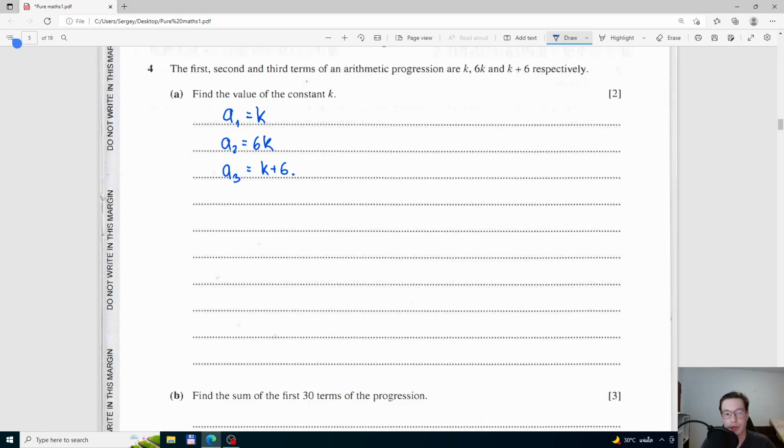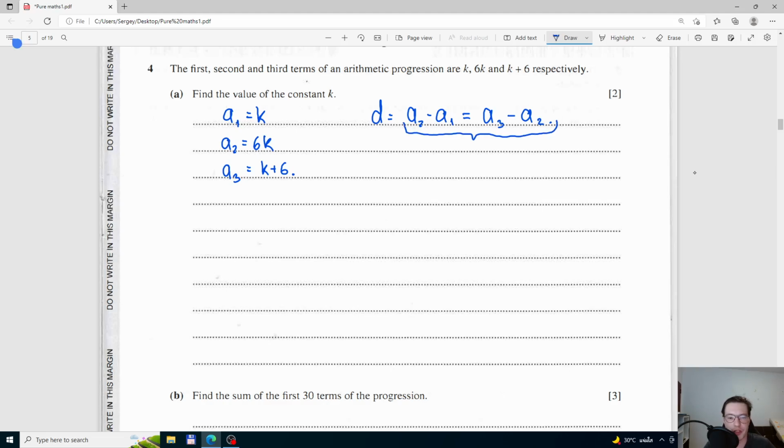Now, what do we know about the arithmetic sequence? We know that the difference between the consecutive terms is going to be the same. So it means the difference would be equal to a2 minus a1. And the same result should be for a3 minus a2. So this part will give us an equation to find k.